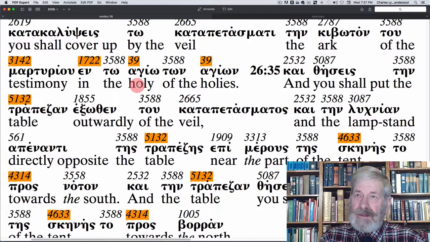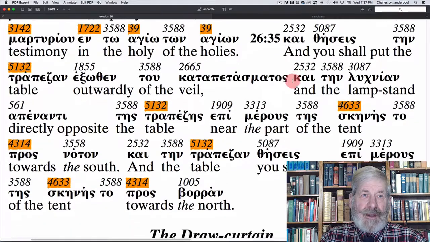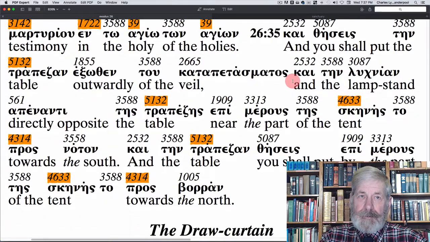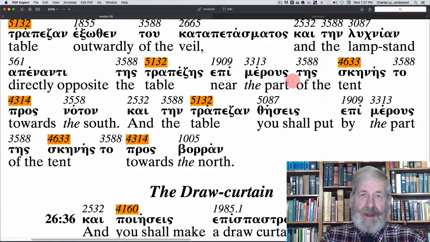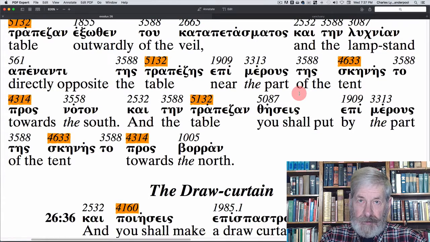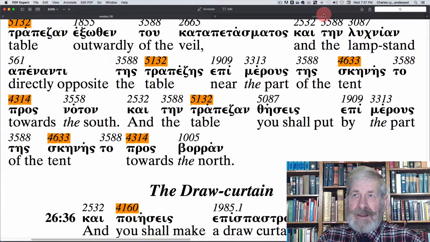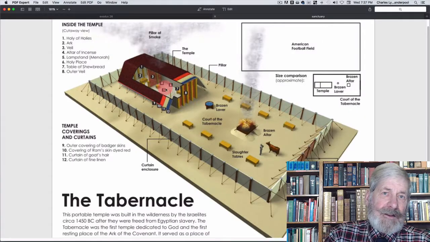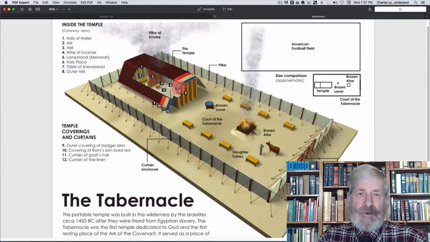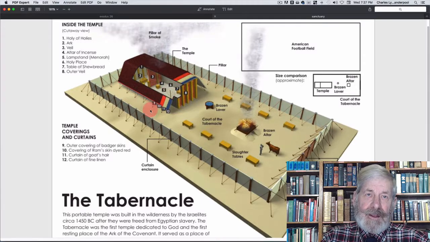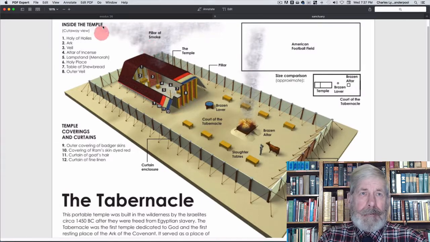So we know that. And you shall put the table outwardly of the veil, and the lampstand directly opposite the table, near the part of the tent towards the south. So the lampstand to the south. So we have that. Here's a lampstand, and there's the table over there. So we've got those two in sync, and south is on this side down here.